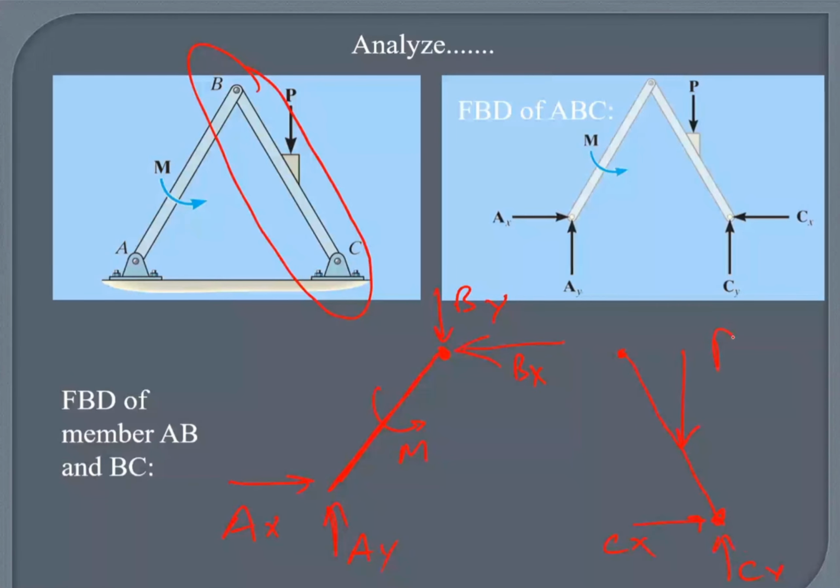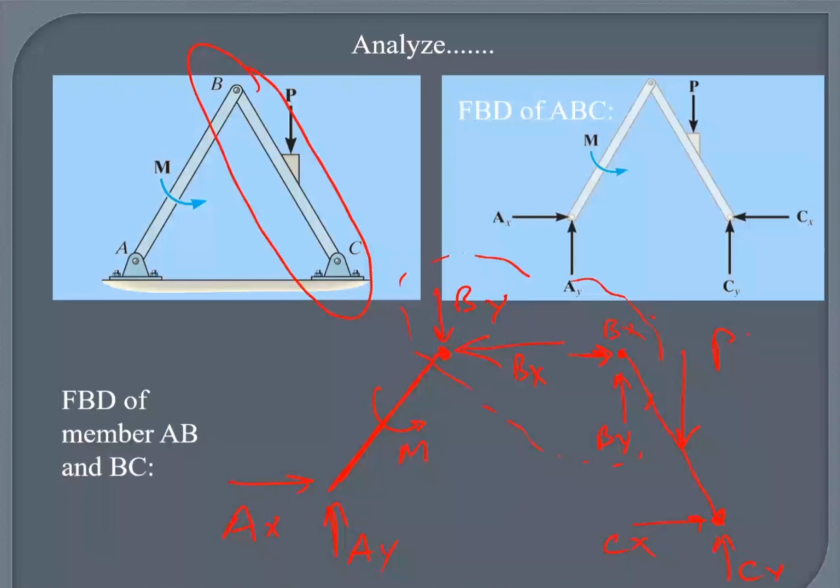This force is the same as BX and this force the same as BY, but in the opposite directions. Is that clear? Yes, sir.